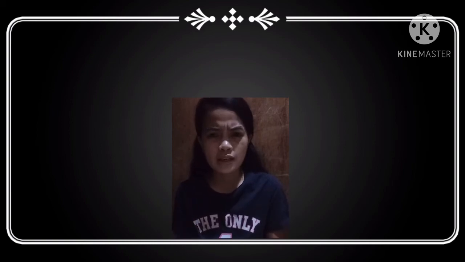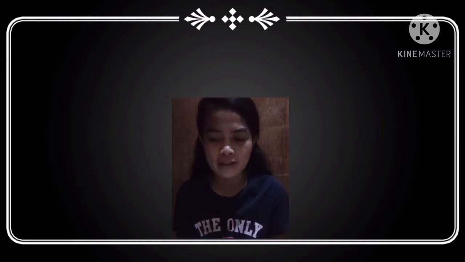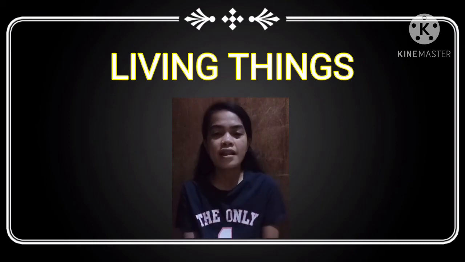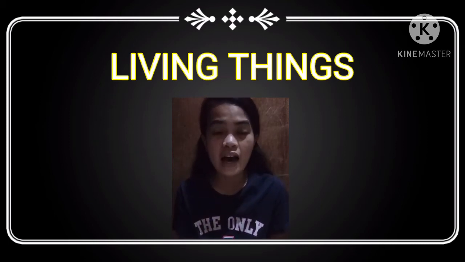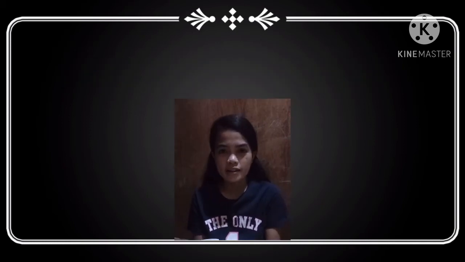The question is, what do you call those things? Yes, you're right. They are called living things. And living things have 7 characteristics. Okay, let's talk about the first one.